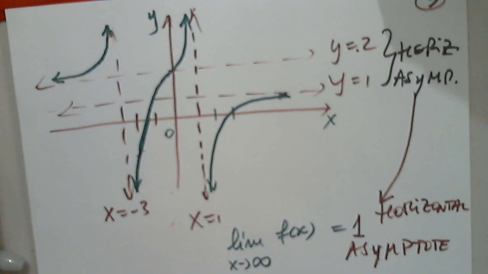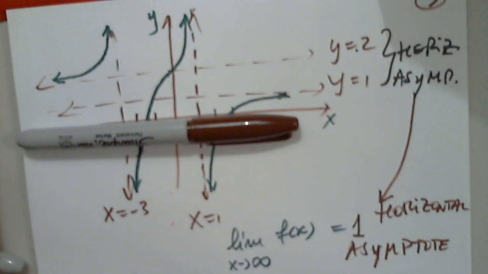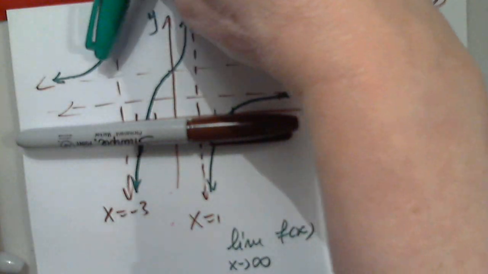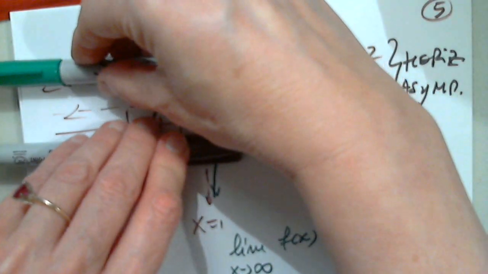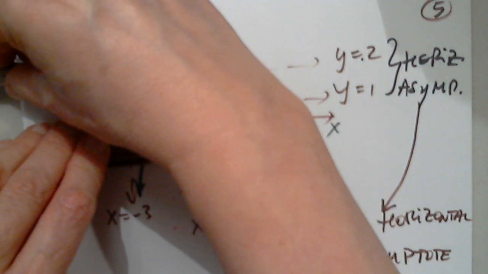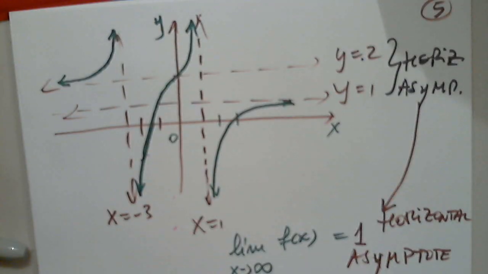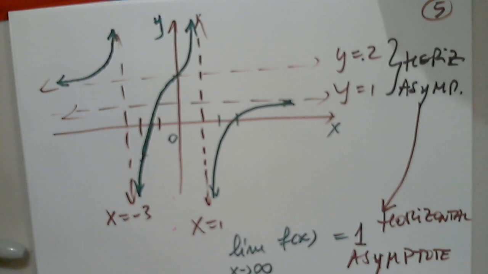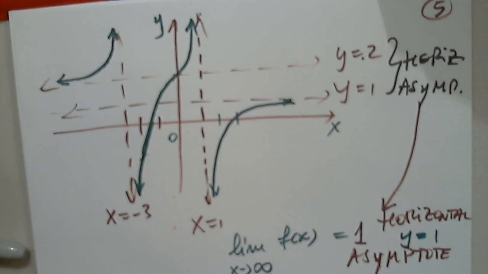Now let's look at this. As x approaches negative infinity, the function values get closer and closer to what? Two. Yes, that's why I have to write y equals 1 horizontal asymptote, y equals 2 horizontal asymptote.